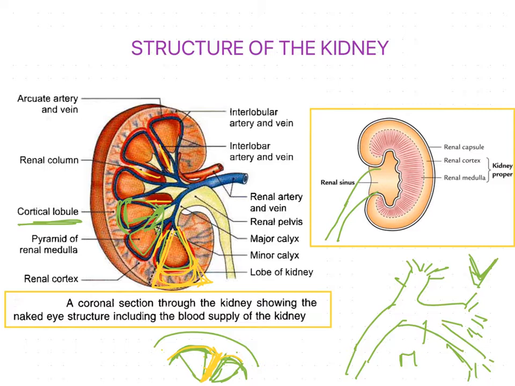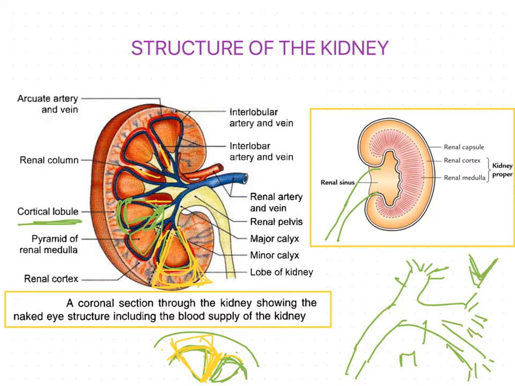Each pyramid and the overlying cortical arch form the lobe of the kidney. These are all the parts of the structure of the kidney in the coronal section. These structures can be seen with our naked eye, and this also includes the blood supply of the kidney, which we are going to discuss in detail in the next video.